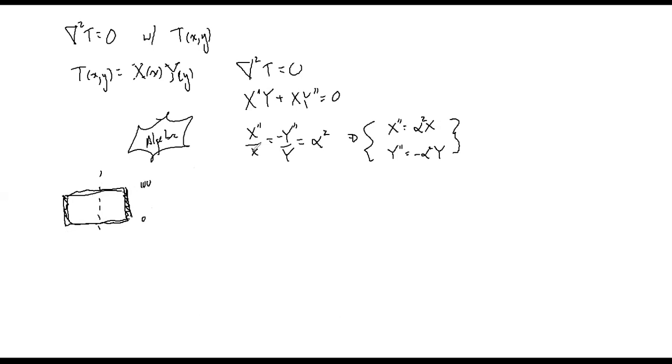So my lines of constant temperature are going to be equal to 0. Or sorry, my change in temperature as I go from here to here is going to be 0. So there is no change in x. Any x should have the same temperature profile whatsoever. So by the x symmetry, we get alpha equals 0.